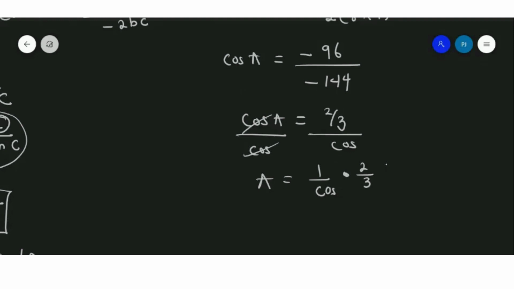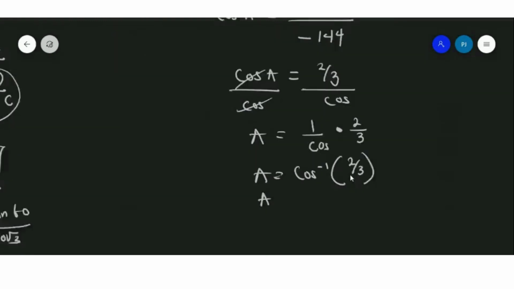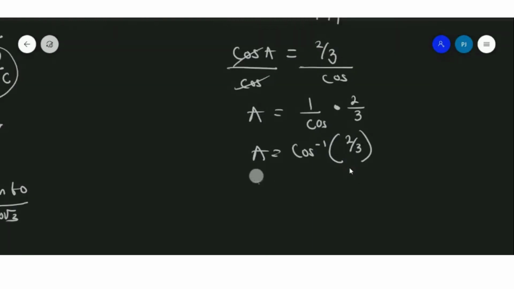A is equal to cos negative 1 of 2 over 3. If you don't like 2 over 3, you can always use this value: A is equal to the cos inverse of 0.6667. So what is the cos inverse of that answer?